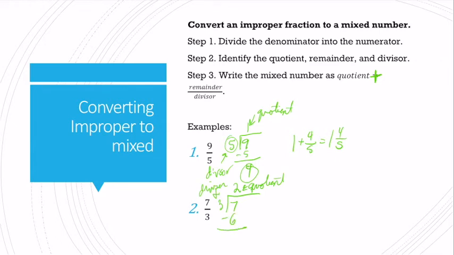I subtract that from what I'm dividing to get my remainder of 1. So to rewrite this, I have 2 and 1/3, right? I've got one piece left out of 3. So that's how we convert from an improper fraction to a mixed fraction.